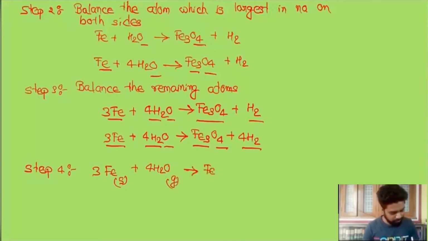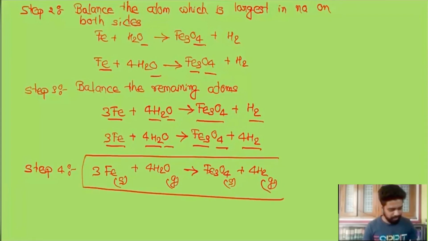Fe3O4 is a solid, and H2 is a gas. So this is our final balanced equation. This is how we balance a chemical equation. These are the steps for balancing a chemical equation. Thanks for watching this video.